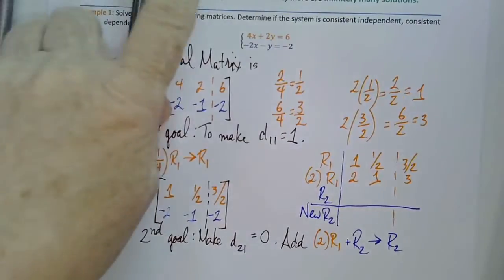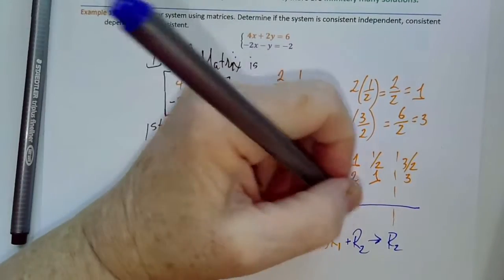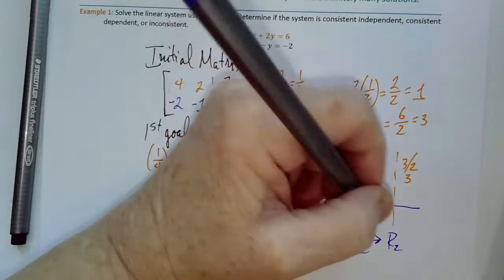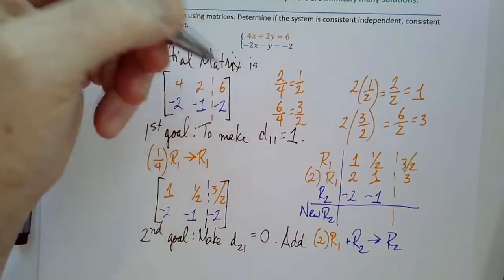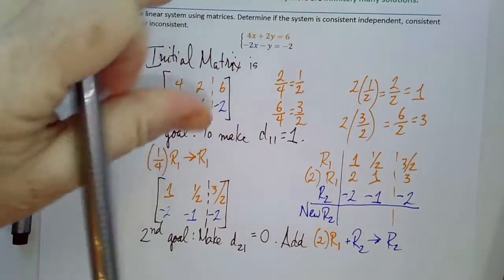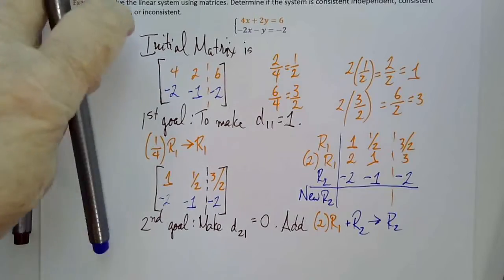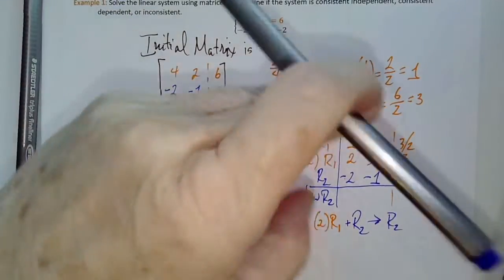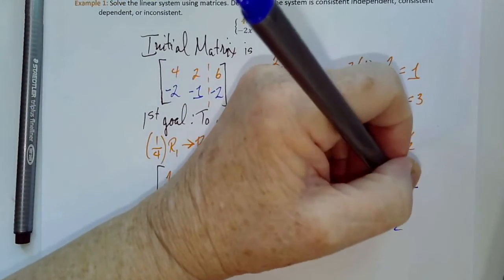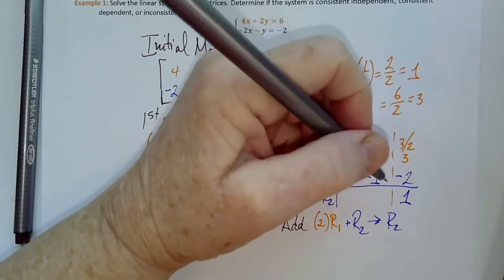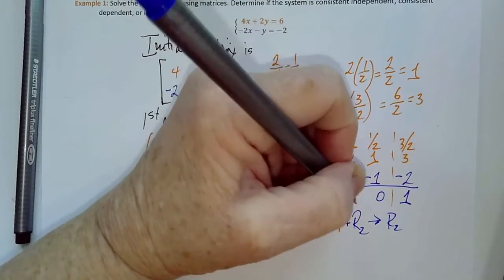Okay. Row 2 is currently negative 2, negative 1, negative 2. And when we add these, let's see, 3 minus 2 is 1, 1 minus 1 is 0, 2 minus 2 is 0.